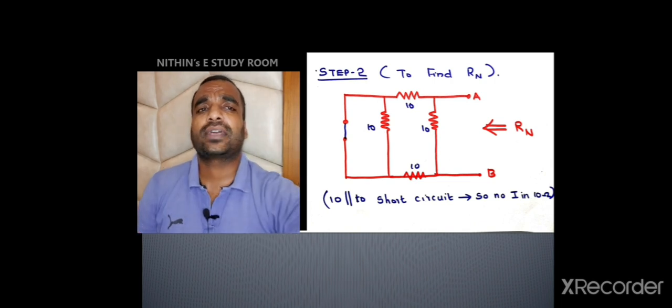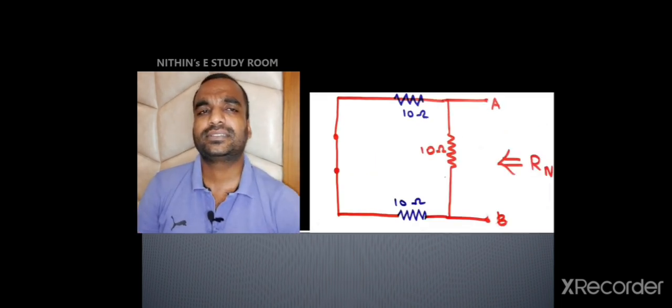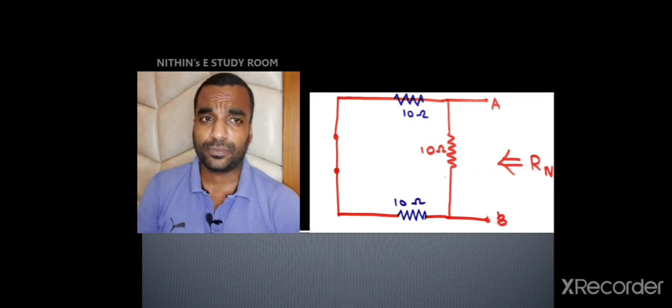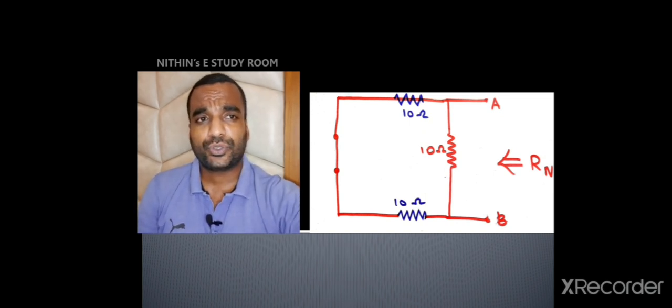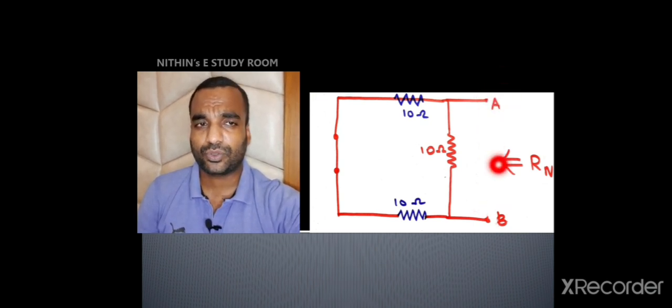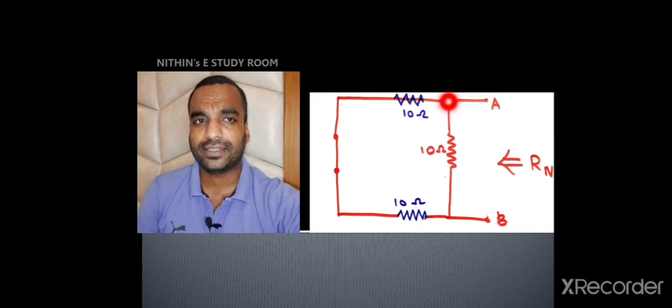In the next figure I will replace that 10 ohm. This is the equivalent circuit after replacing that 10 ohm. Now you are looking from these terminals, so you connect a battery across these terminals in order to find your equivalent resistance. A current will pass from terminal A towards the 10 ohm resistor and divide at this point.